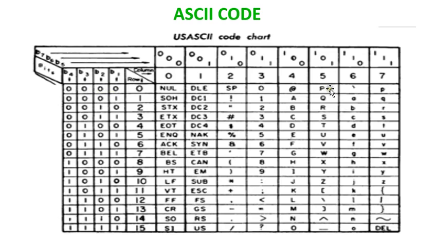Therefore the binary equivalent for this P should be 101, followed by 0000. Likewise, if you press letter W, for instance, it is under the same column 101, but it is under this row where I have 0111.